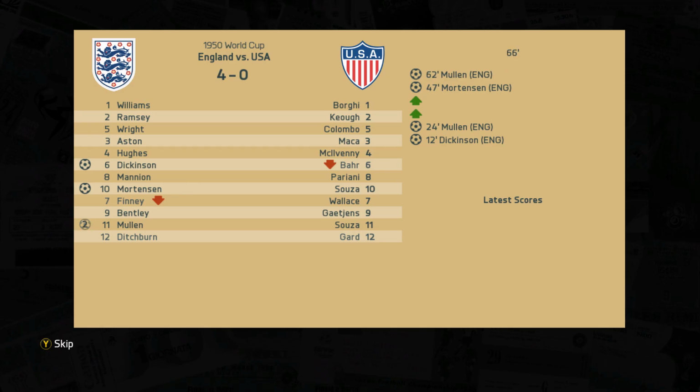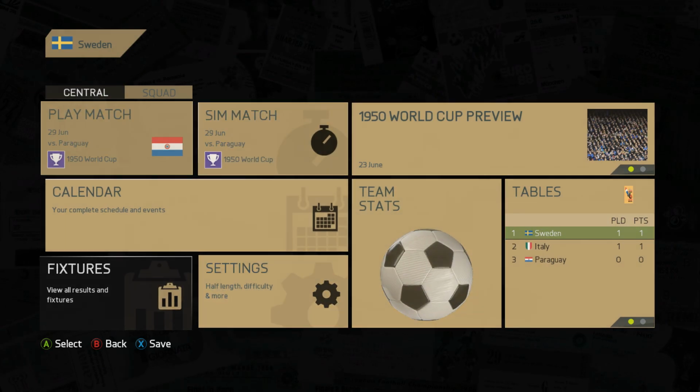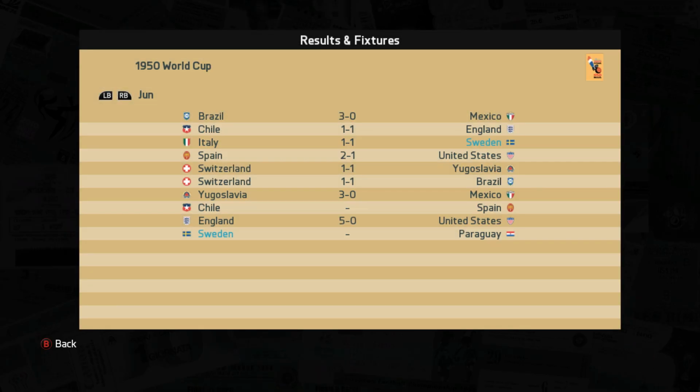Mortensen. England score again, 62nd minute. Mullen. I think they got this one. England score again, 82nd minute. Mullen gets a hat-trick in that game, 3 goals. England 5-0 victory over the USA. So they're going good.